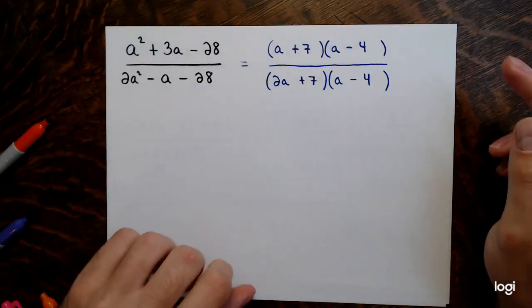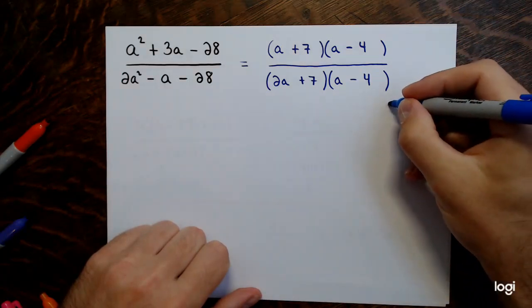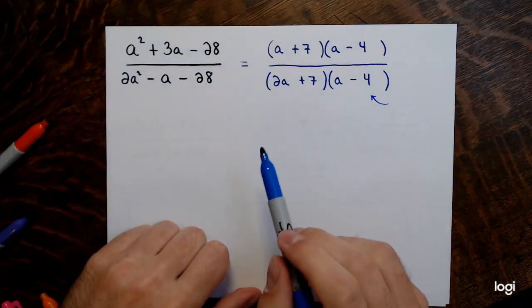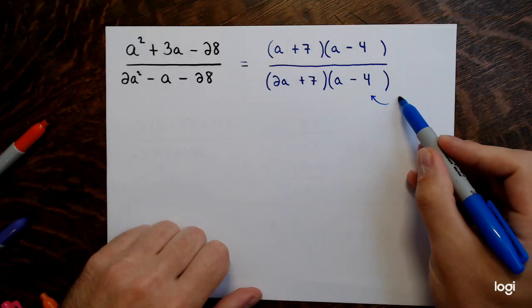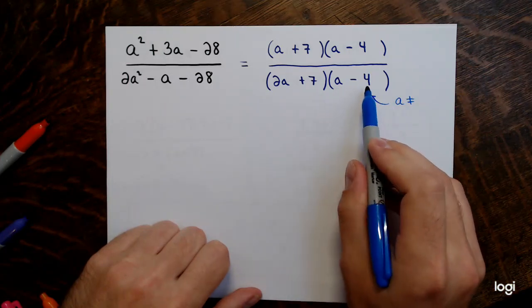Now, before I do any simplifying, before I say this expression is equal to this one, I want to make sure I'm also plugging in the right values of a when I check. So look at the denominator. Again, the denominator can't be 0. So a cannot be 4, because that would make this factor 0.